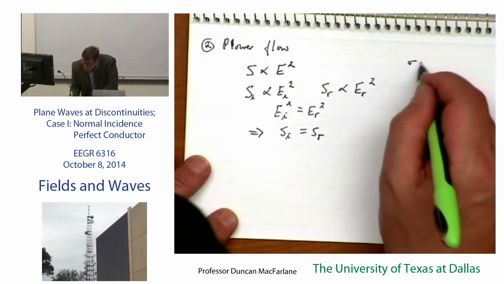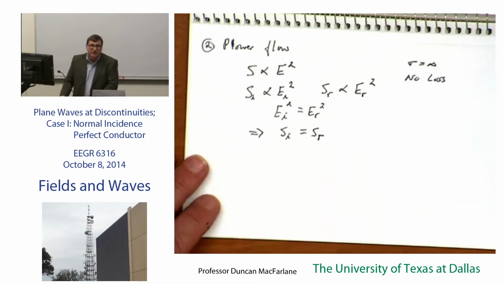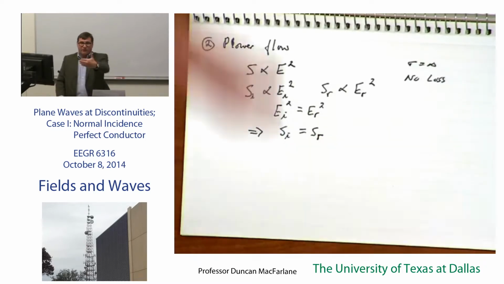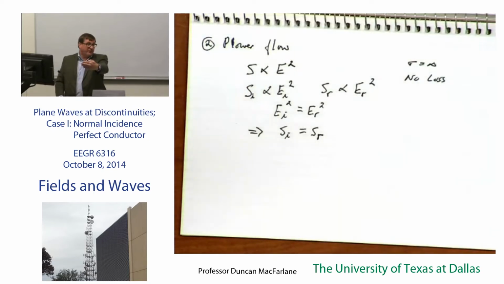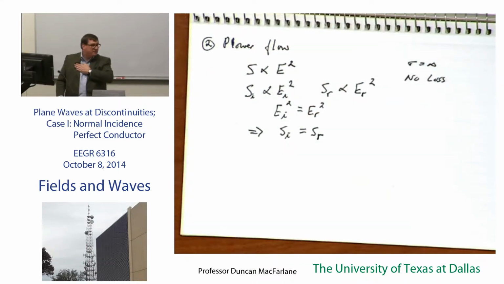So if sigma is equal to infinity, there's no loss. Superconductor, perfect conductor. The power that hits the surface has to go somewhere. It's not going into the surface. It's not going into the material. No fields are allowed. So it's got to come right back out at you.